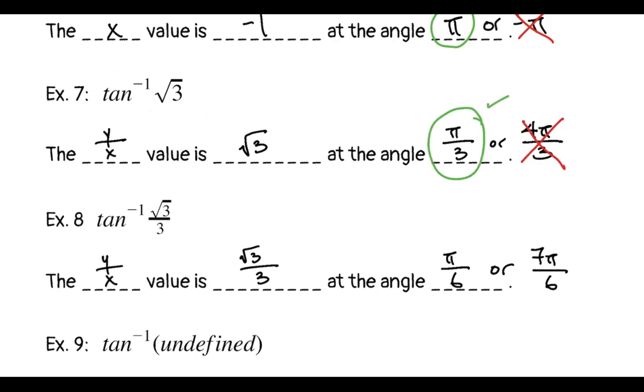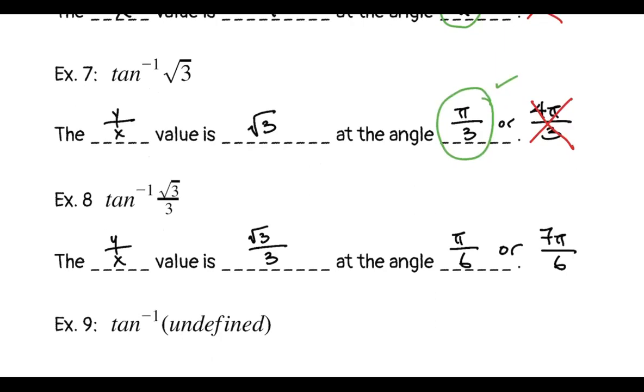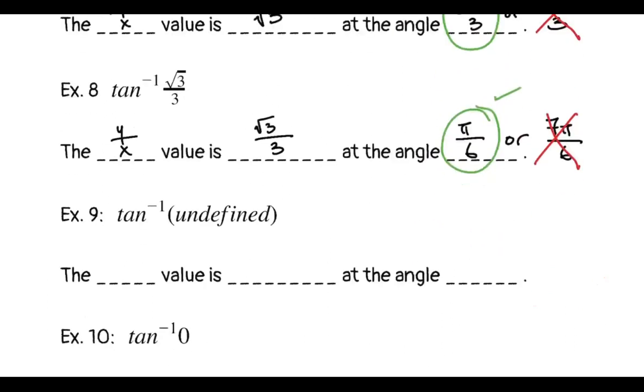Nope, you're fine. I knew what you were trying to say. All right, what can we say about example 8? Which one of these gets the big red X through it that we don't want to write down as an answer? Yeah, the 7 pi over 6. Okay, but this one, pi over 6, is correct.